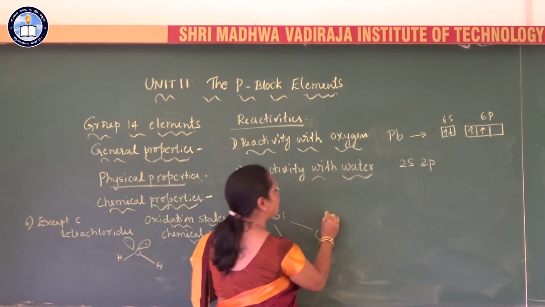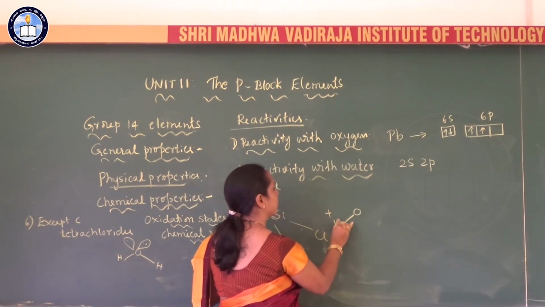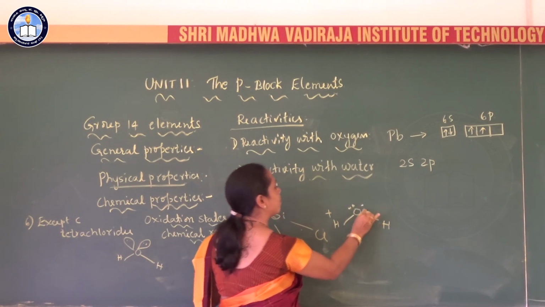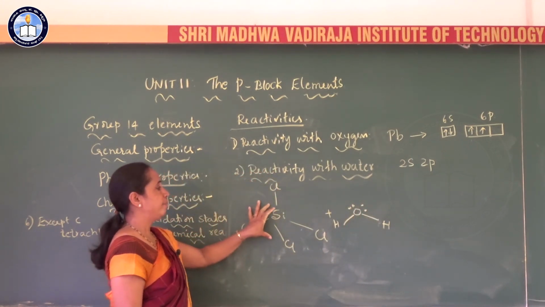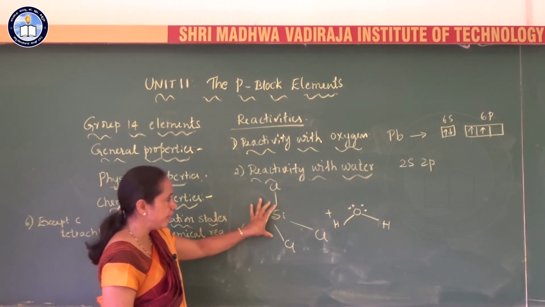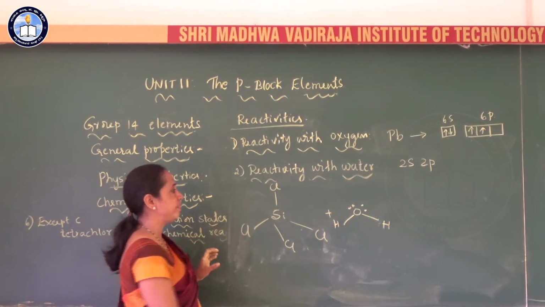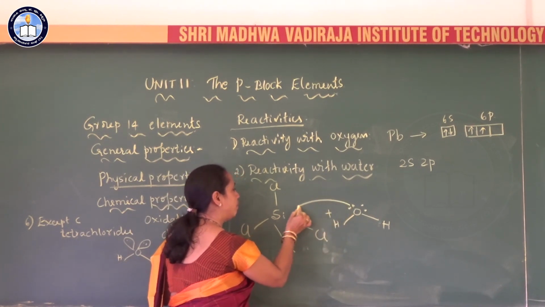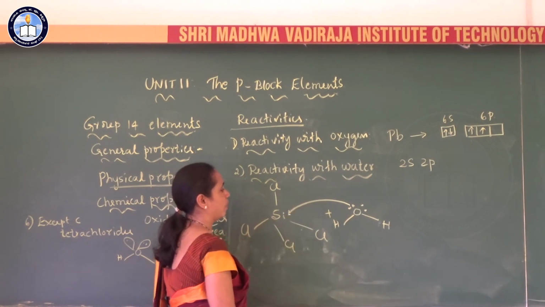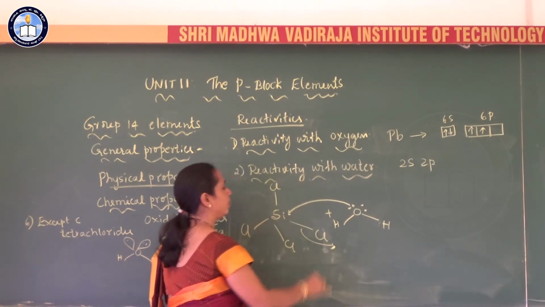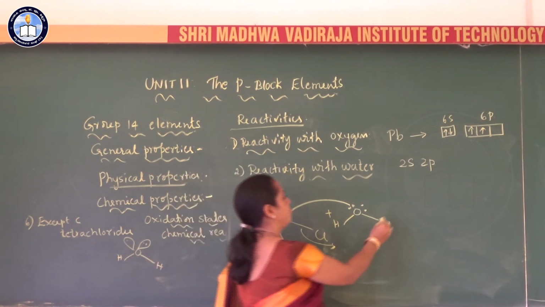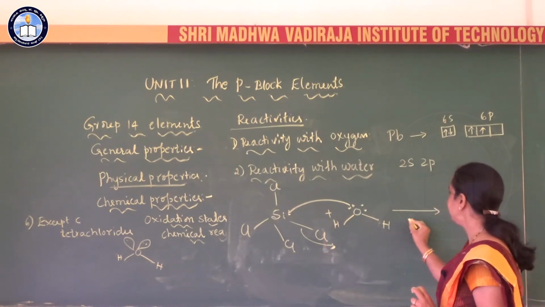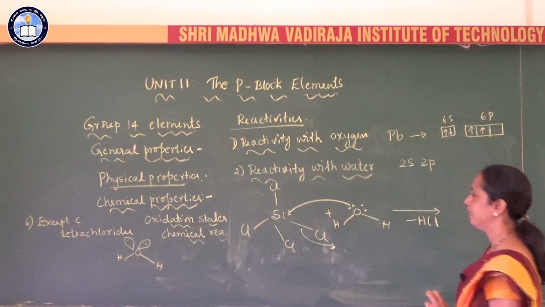Whenever it reacts with water, the water has 2 lone pairs of electrons and silicon has empty 3d orbitals in its valence shell. So the water molecule donates electrons to silicon and chlorine is removed. H and Cl are eliminated as HCl.